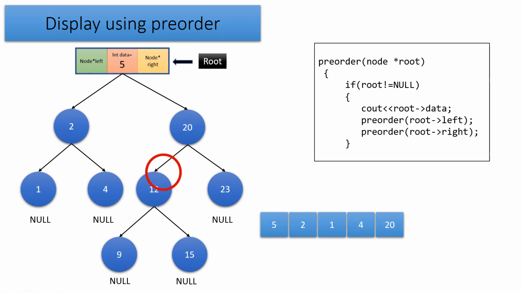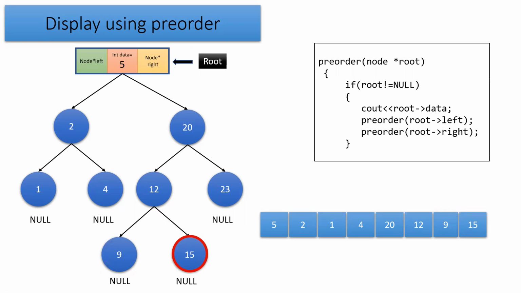For the 20 now, 12 is nothing but the left child, so it will display it. For the 12, 9 and 15 are the two child nodes. So first it will visit the 9. After the 9, as no further child is there, it will go back for the 12 and it will go to the 15 for the right child.